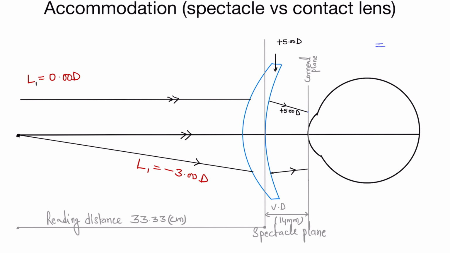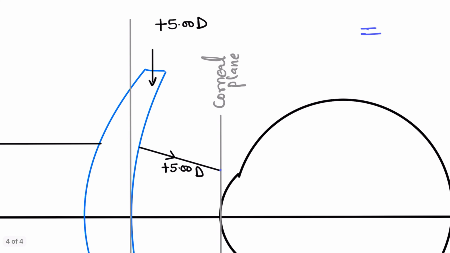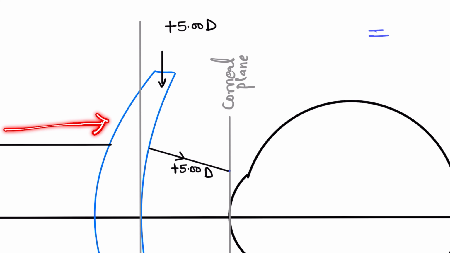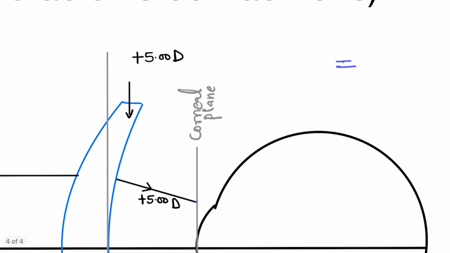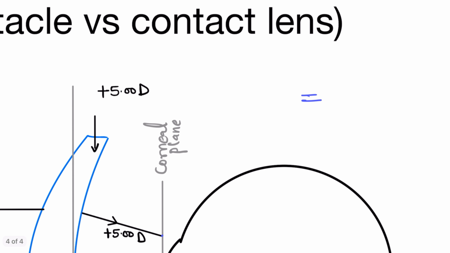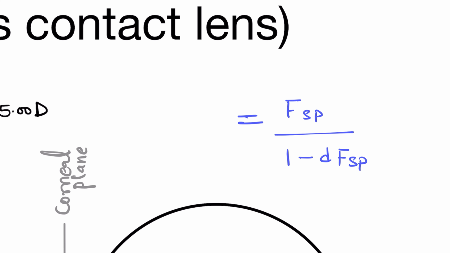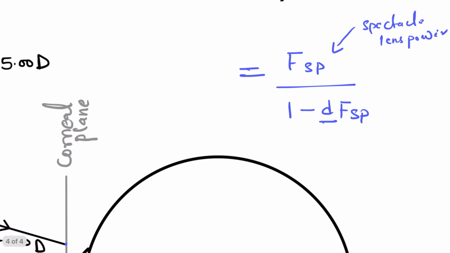So let's solve the top part of the diagram. Here the light is coming from infinity and is bent by the plus 5 diopter lens. And we're going to calculate how much power is actually reaching this particular point, which is the corneal plane. This will be given by our vertex distance formula, which is equal to FSP divided by 1 minus D times FSP, where FSP is your spectacle lens power and D is the vertex distance in meters.